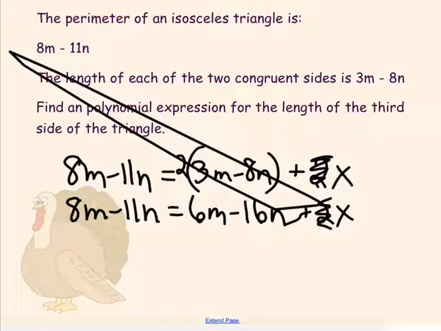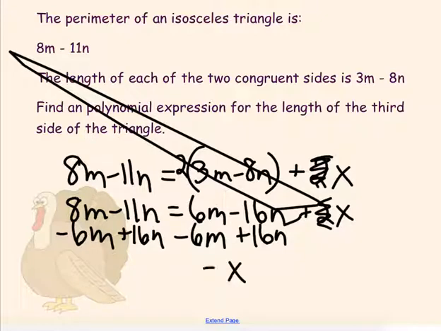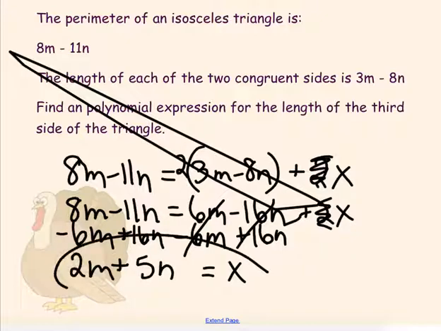I'm going to subtract 6m from each side because I want to get x alone, and I'm also going to add 16n to each side, which means we get x by itself because these cancel out, and we end up with 5n and 2m, which means 2m plus 5n is that last side of the triangle.